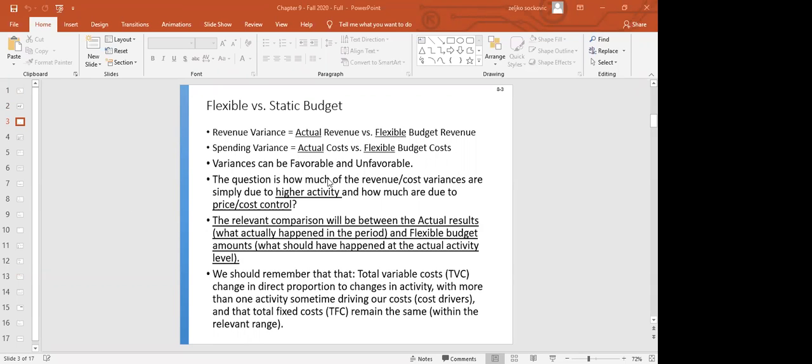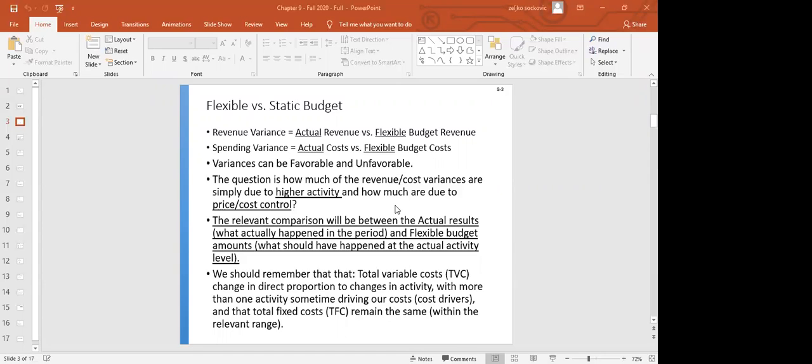Okay, variances. There will be favorable and unfavorable variances. This is just common sense. The word says favorable, something good for you. So those will be good variances, something that is good for your net operating income. Whatever variance is good for your bottom line, net operating income, is a favorable variance. But this is not math, minus plus, right?